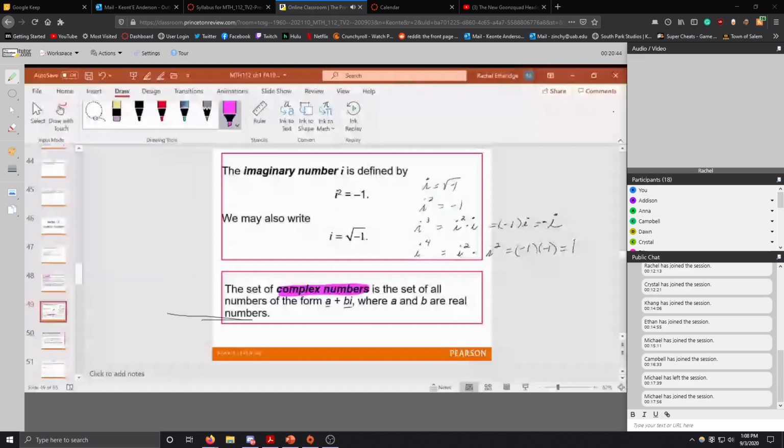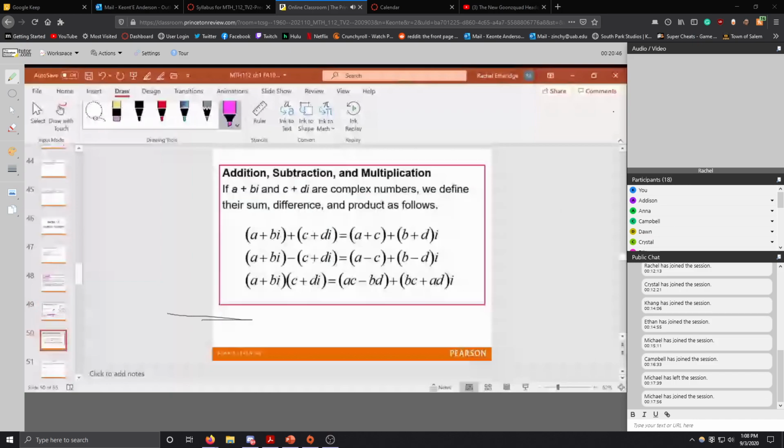When you're adding, subtracting, and multiplying complex numbers, you can combine the real parts together and you can combine the imaginary parts together. So it's nothing more than just combining like terms. You will always combine your imaginary parts and your real parts, but keep in mind you cannot combine imaginary parts with real parts.